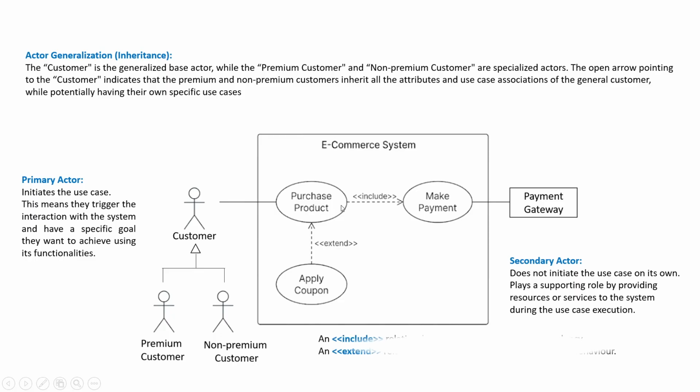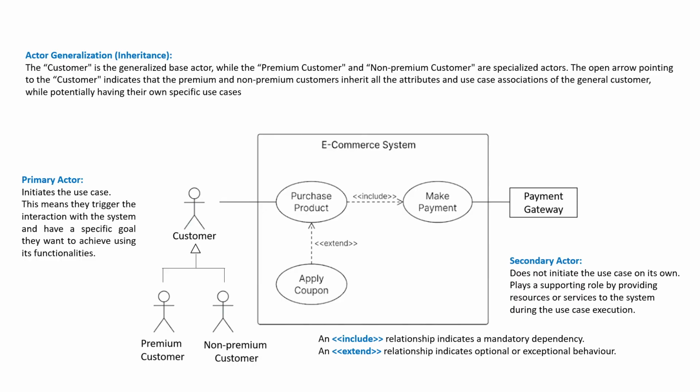Okay. The next thing I just quickly want to look at is the include relationship and the extend relationship that we can see here on the use case diagram. An include relationship indicates a mandatory dependency, and an extend relationship indicates an optional or exceptional behavior. So it's not mandatory for the extend.